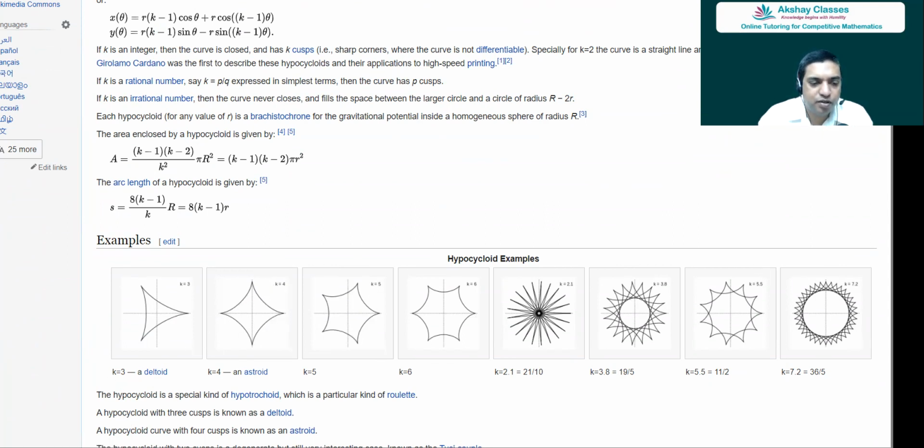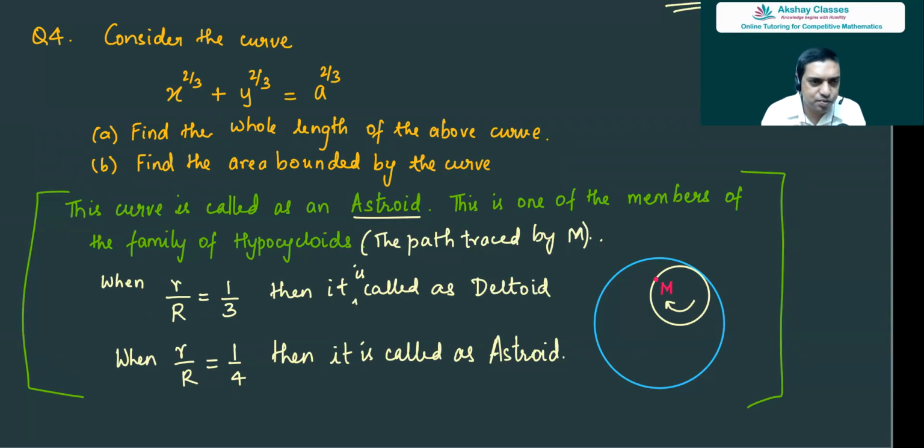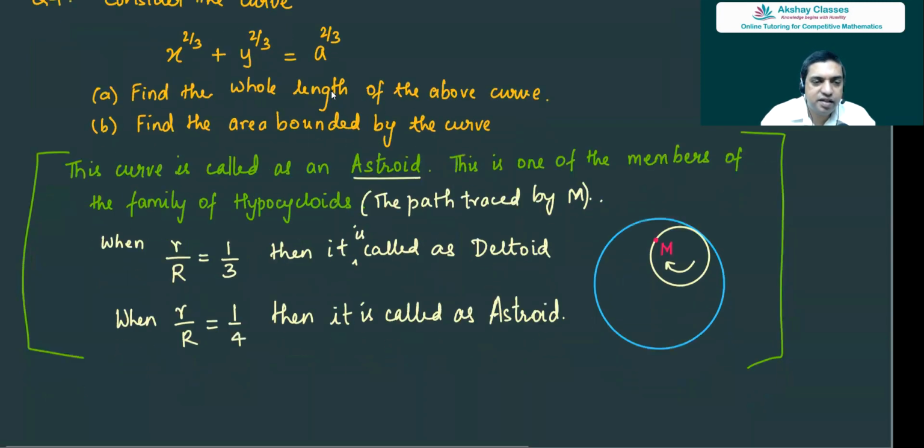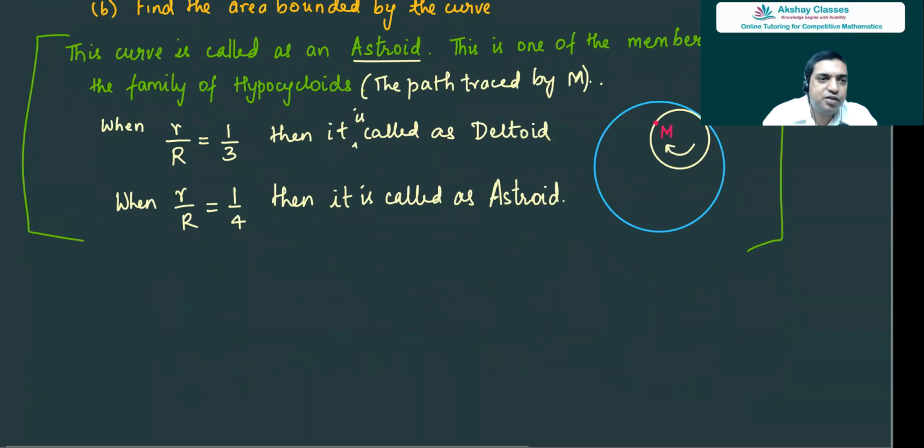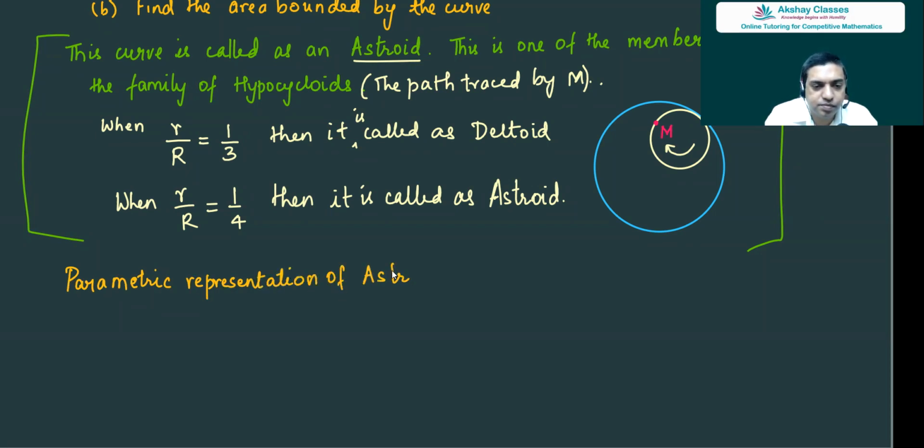Now, how to plot? This has a parametric representation. Parametric representation of an asteroid: x to the power 2 by 3 plus y to the power 2 by 3 is equal to a to the power 2 by 3.